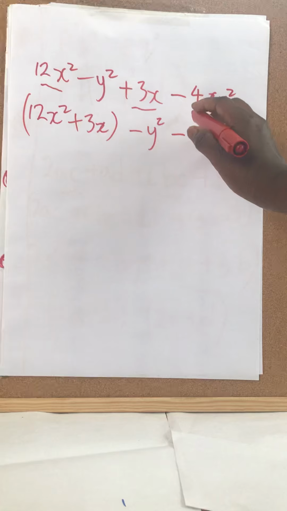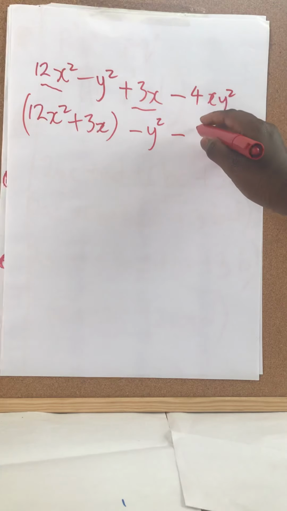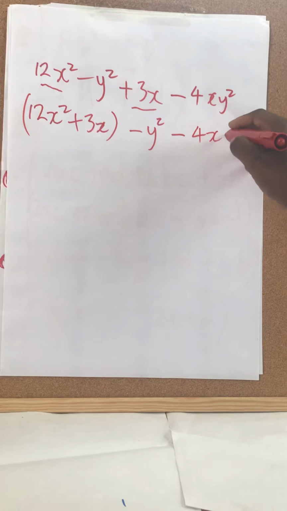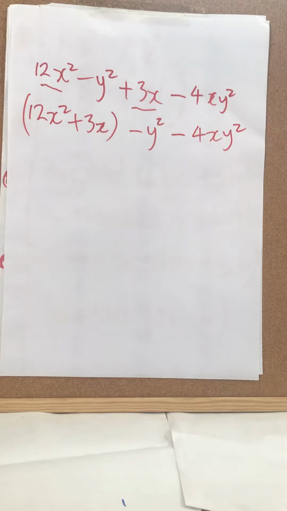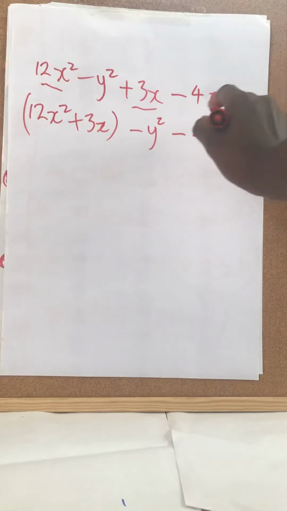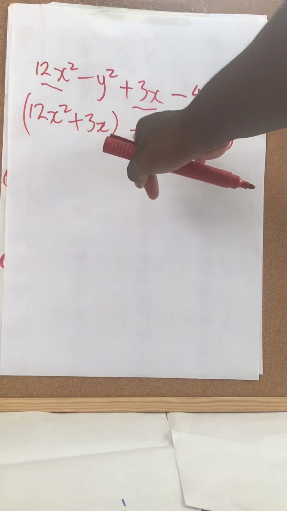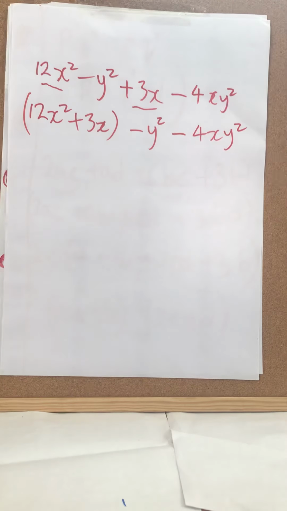Remember, this is minus minus 4xy squared. I'm going to put these two in bracket as well. But I decided not to put it in bracket yet so that we will not get confused with the sign.